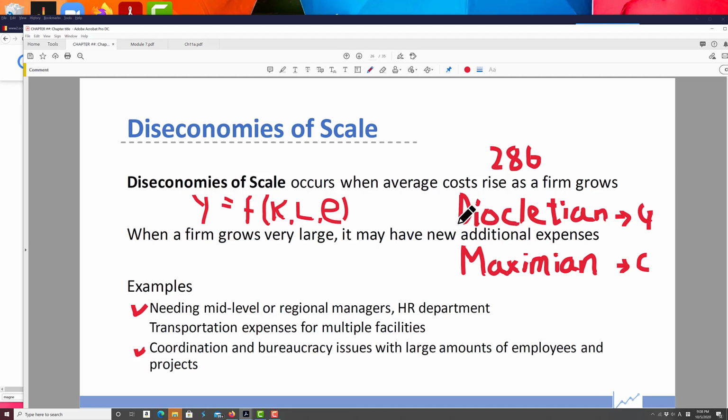So he appointed Maximian as co-emperor, and each of them was called Augustus, and they had two underlings. Under Diocletian, Galerius was a Caesar, and Constantius was Caesar under Maximian.